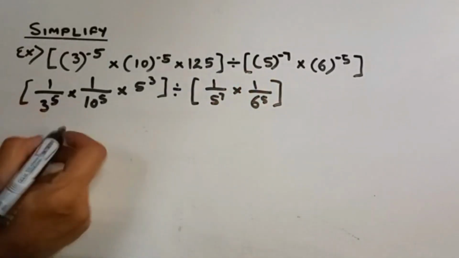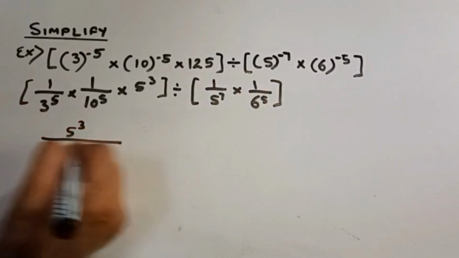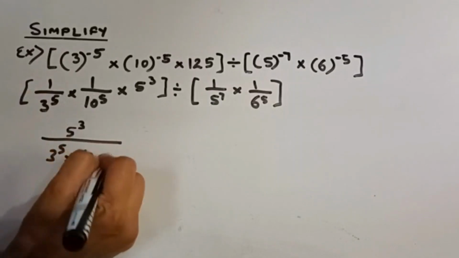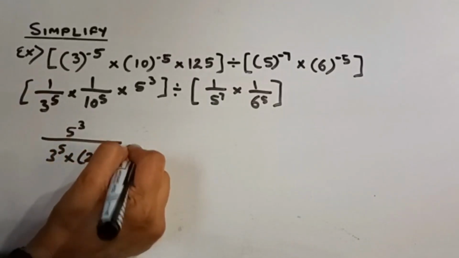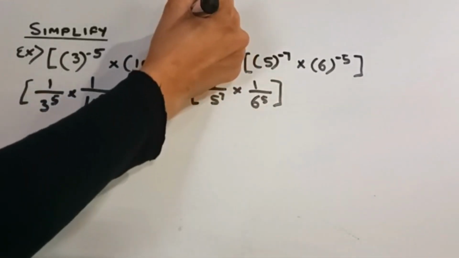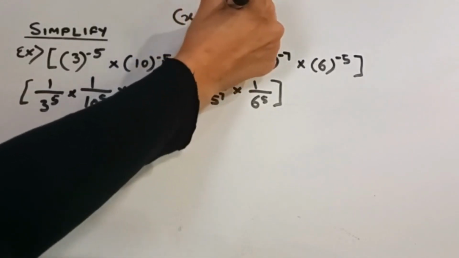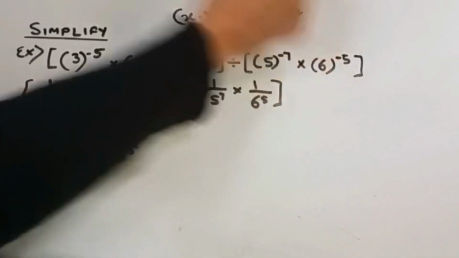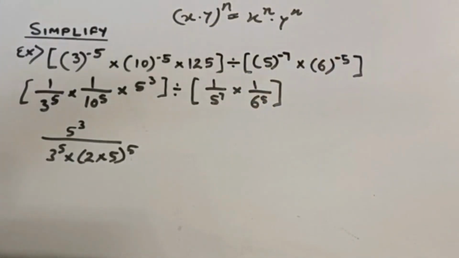Now here 5 raised to 3 upon 3 raised to 5, and I am splitting this 10 as 2 into 5 raised to 5. I am using a formula x into y raised to n is equal to x raised to n into y raised to n. I am using this formula here.